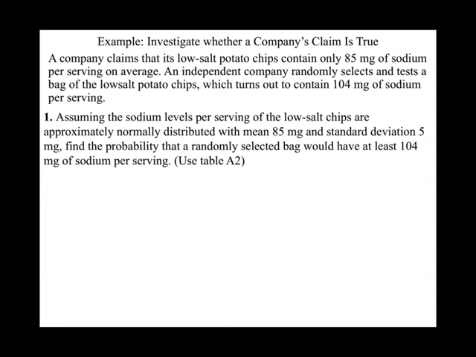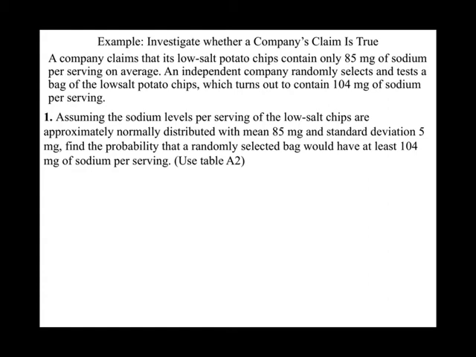Okay, example. A company claims that its low salt potato chips contain only 85 mg of sodium per serving on average. An independent company randomly selects and tests a batch of the low-salt potato chips, which turns out to contain 104 mg of sodium per serving.